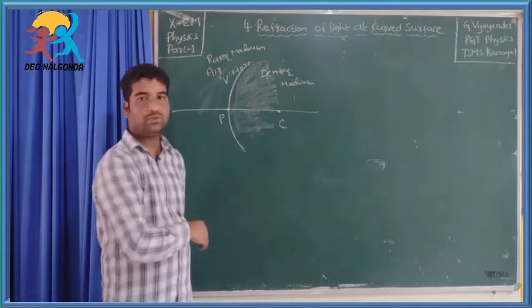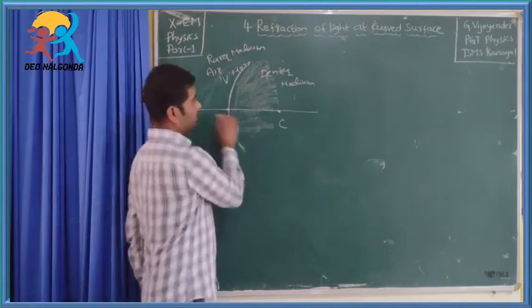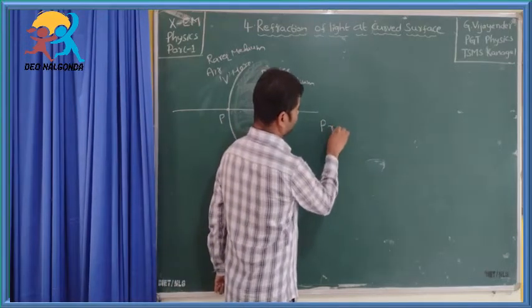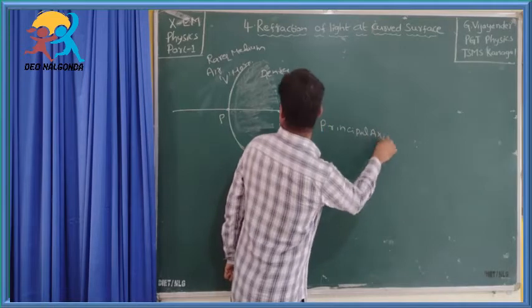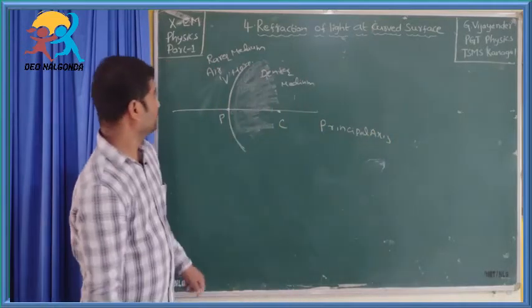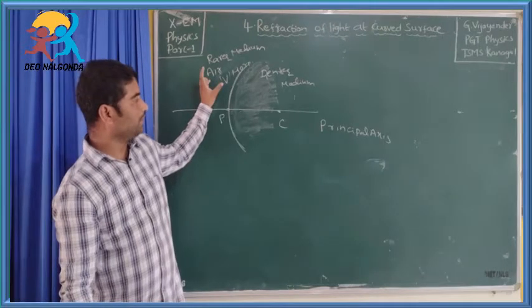The line passing through the pole P and center of curvature C is called principal axis.